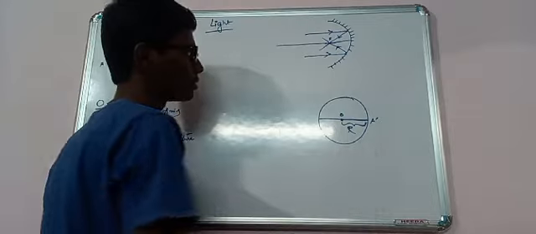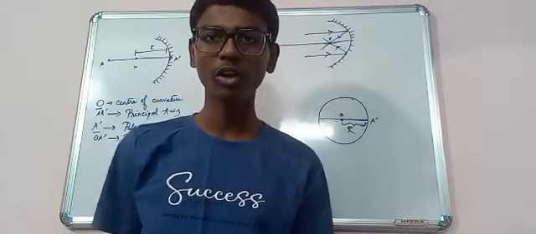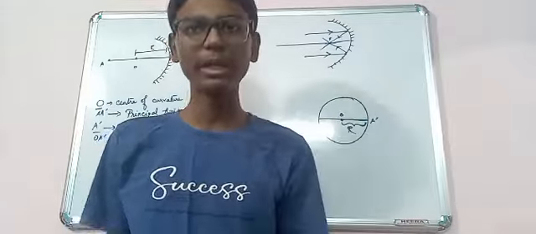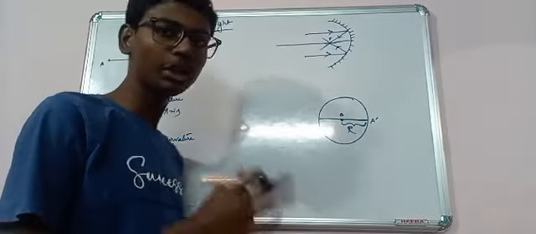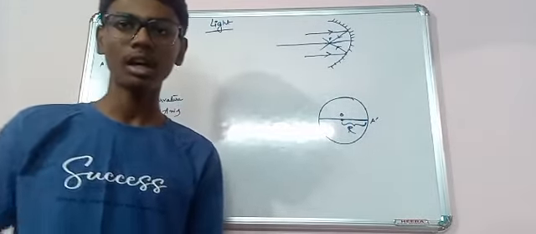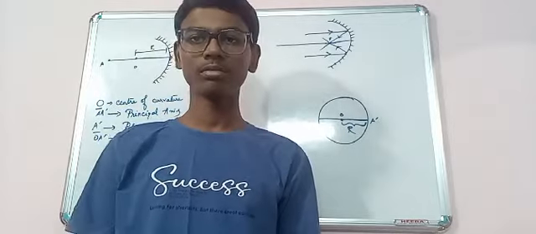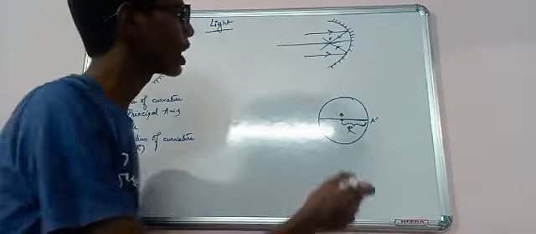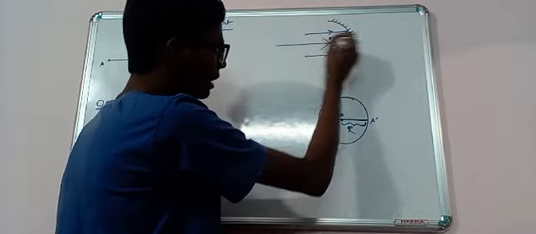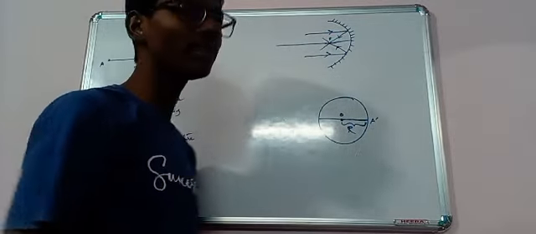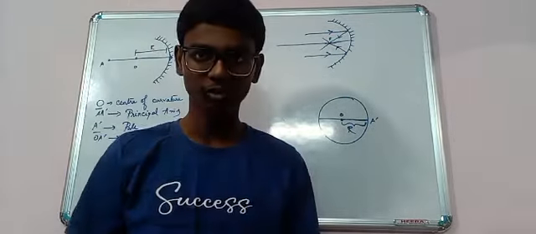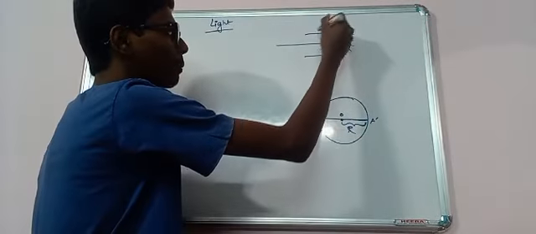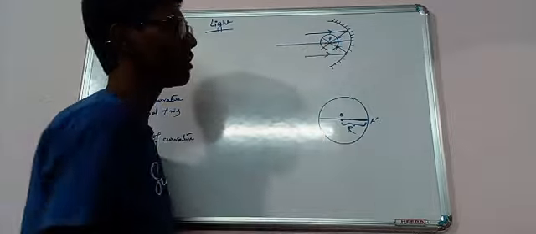Naming it as F. Obviously, many of you have got the clue from this particular point which I've called F. Those who are new to this chapter will get the clue, and for those who already know the chapter, it's very easy. So light rays parallel to the principal axis will converge after reflection, as our rule says, and they will meet at a particular point which we are calling F.